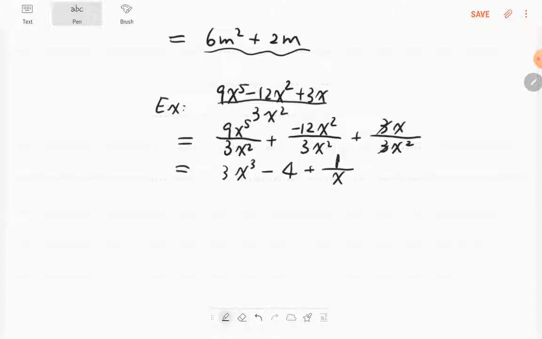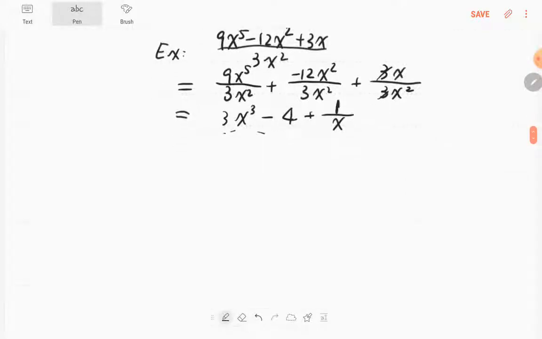So here, this term 1 over x actually has a negative exponent. The exponent for x is negative 1. So this one is no longer a polynomial. So your answer is not necessarily a polynomial. Okay? So this is about dividing by a monomial.